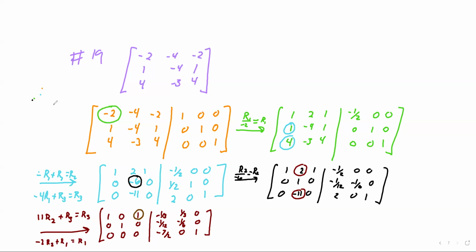I should have figured that out a long time ago, the moment I got to this point right here. When you end up with a row that is all zeros, the matrix is not invertible.